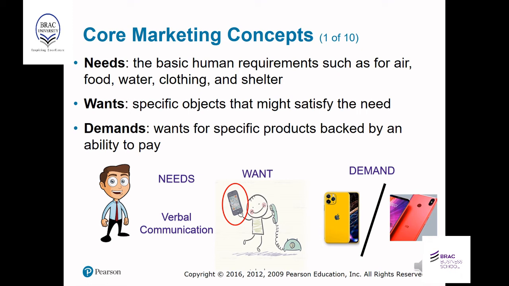He could purchase the model from Xiaomi. Now, which one will be his demand? It depends upon his purchase capacity. So, when want is backed by the purchase capacity, that one is known as demand.